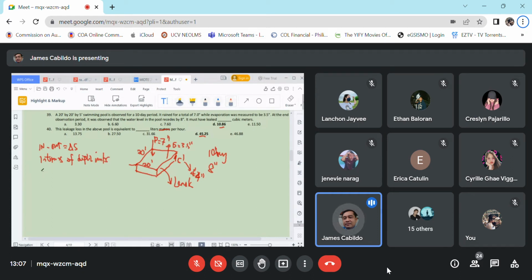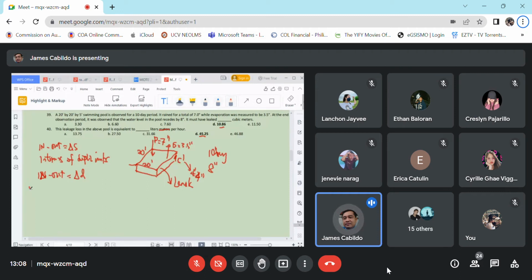Okay? So the change in depth, in terms of depth units, so ibig sabihin in minus out is equal to change in depth. So ano ba yung mga in? Ano ba yung in natin? Is the precipitation, di ba?